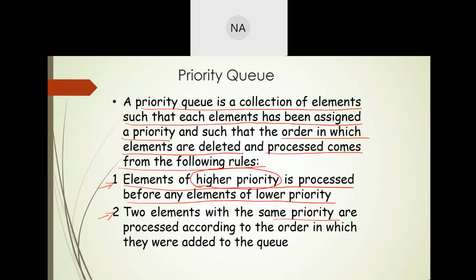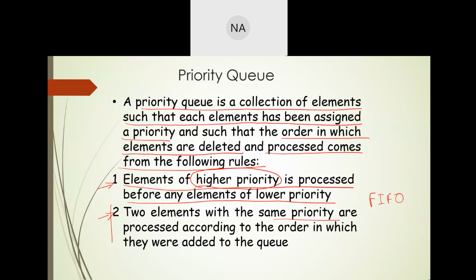So if two elements have the same priority, they are treated in FIFO order, and FIFO means a normal queue. If you assume that all the elements have the same priority, then all the elements will be treated in FIFO order, first in, first out, which is the same as a queue, right?